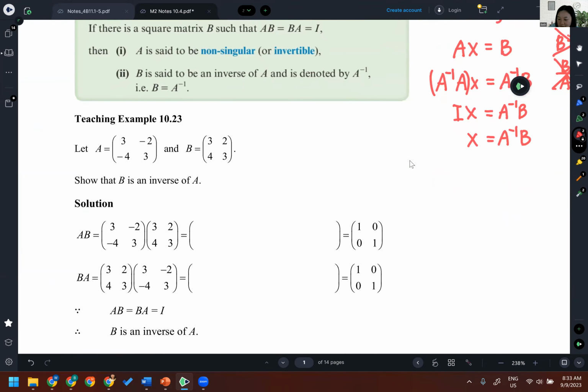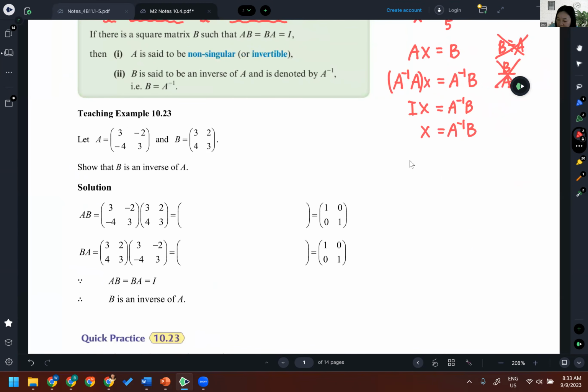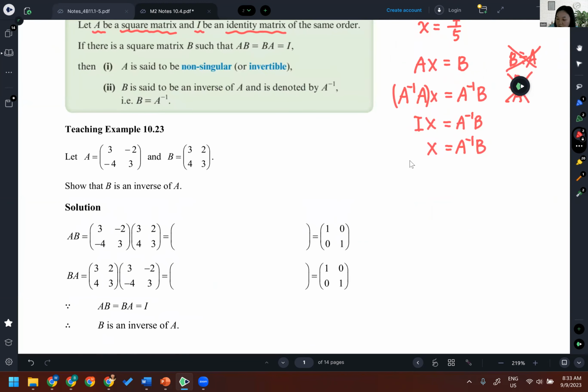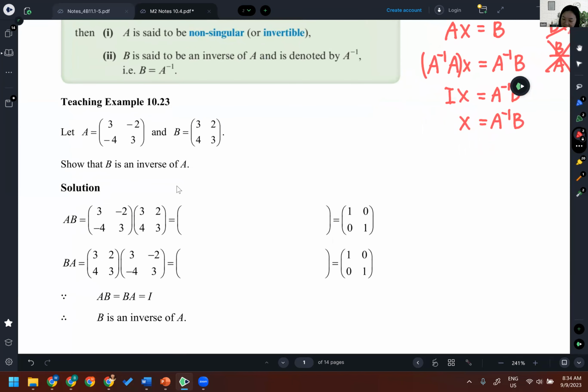Example. Now, these examples are extremely easy, so we won't be spending too much time on them. You just have to understand. So how do you verify a matrix B is an inverse of A? So far, we don't have any other means. We just have to check if A times B equals I and B times A equals I. Then let's do the multiplication.